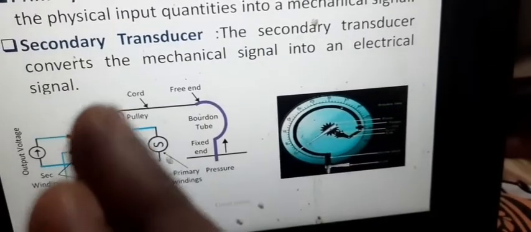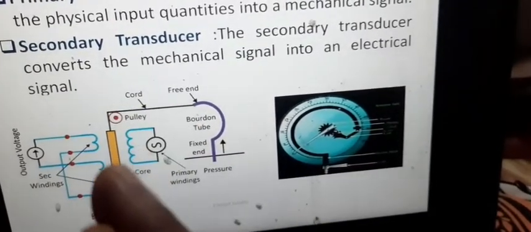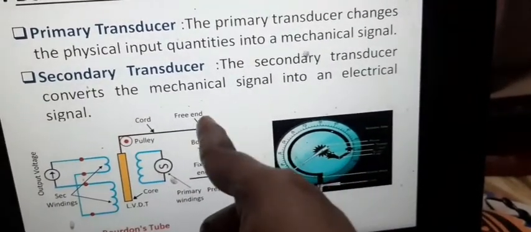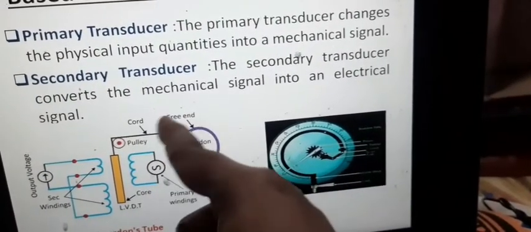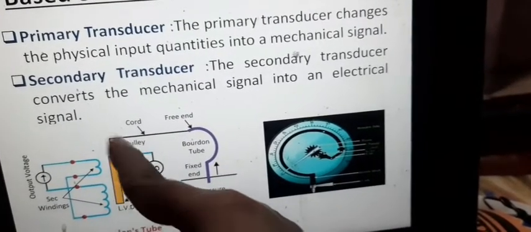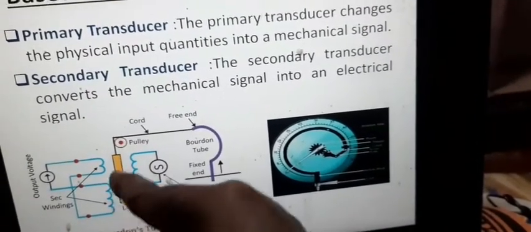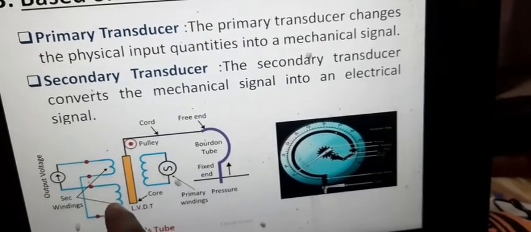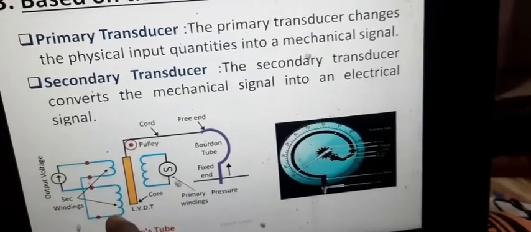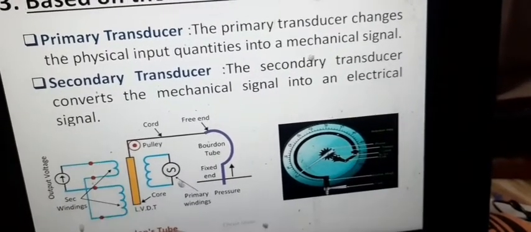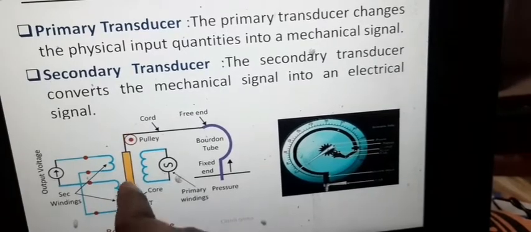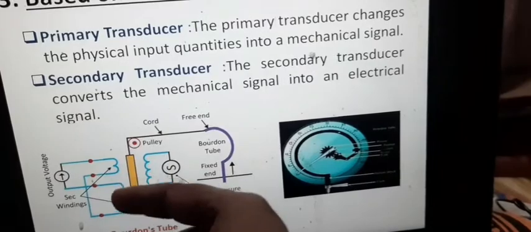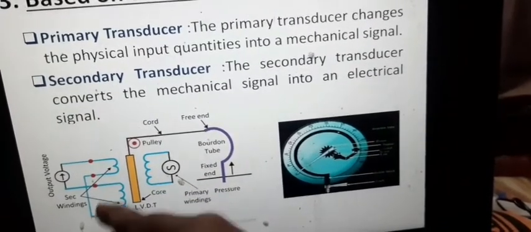When the core moves, it produces an electromagnetic field. Because of the deflection at the free end, this core will move. When the core moves nearer to one winding, the EMF produced in this winding will be more than in the other winding. When it moves in the backward direction, the EMF produced in the first winding will be more than in the second winding.